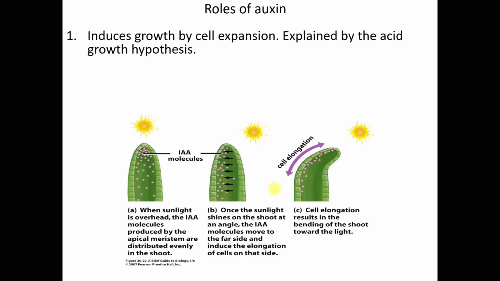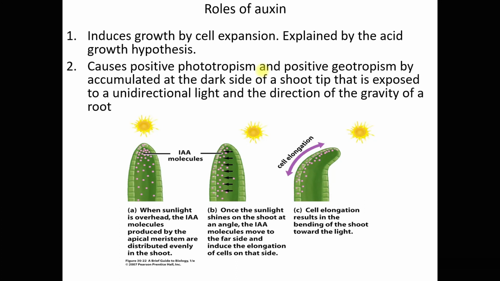Now, roles of auxin. It induces growth by cell expansion, right? And this cell expansion can be explained by the acid growth hypothesis. For STPM, this acid growth hypothesis is not in your syllabus, so I'm not going to explain it here, right?